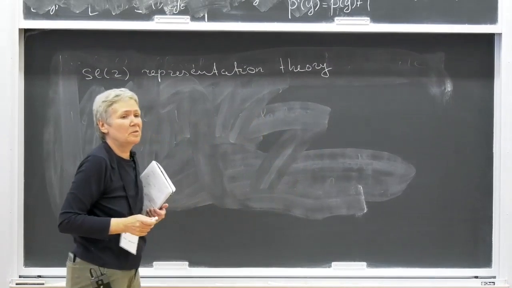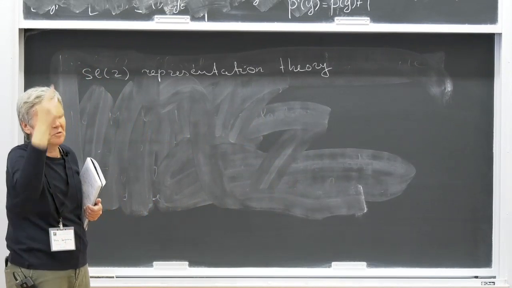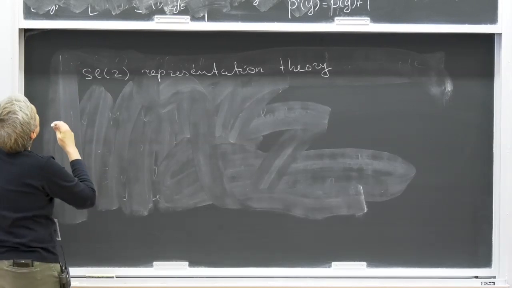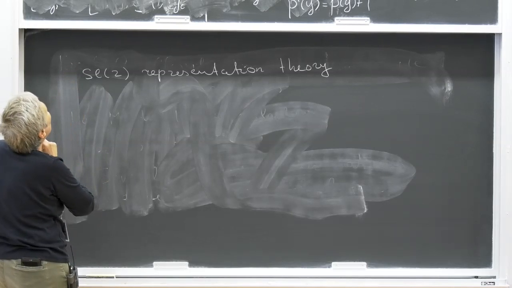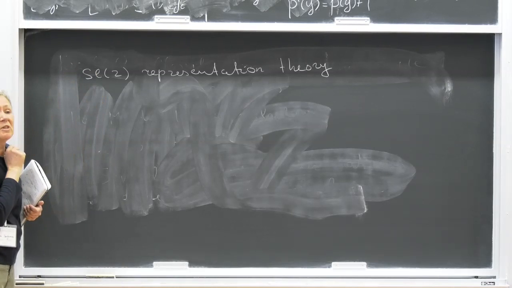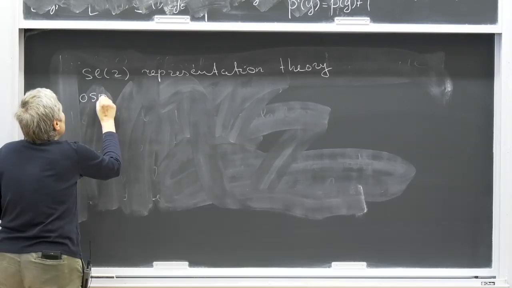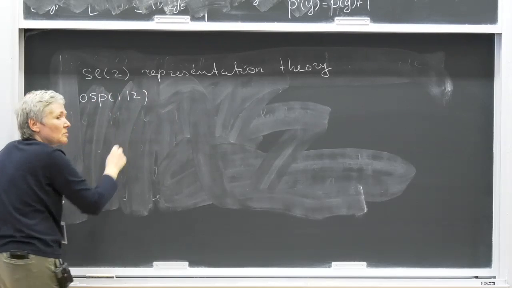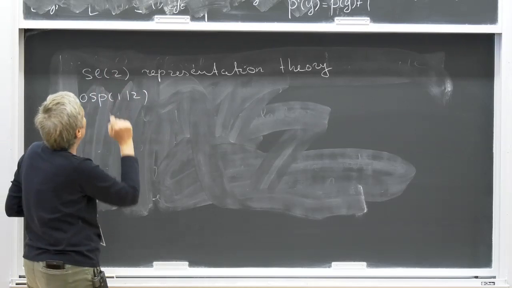We know that the representations of SL2 are given in strings, and you go from one string to another. If my generator is odd, but it's still anisotropic, and it has 2 on the diagonal, there is the little superalgebra OSP12, which also has a very beautiful representation theory, and that gives us the formula.